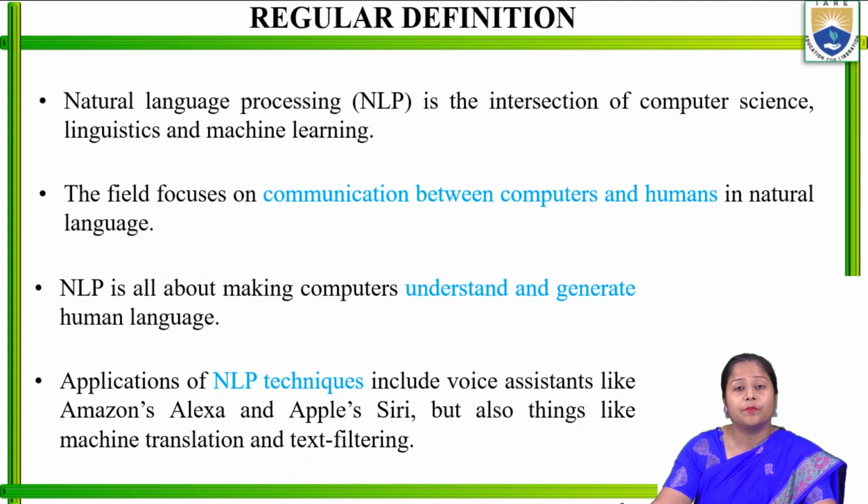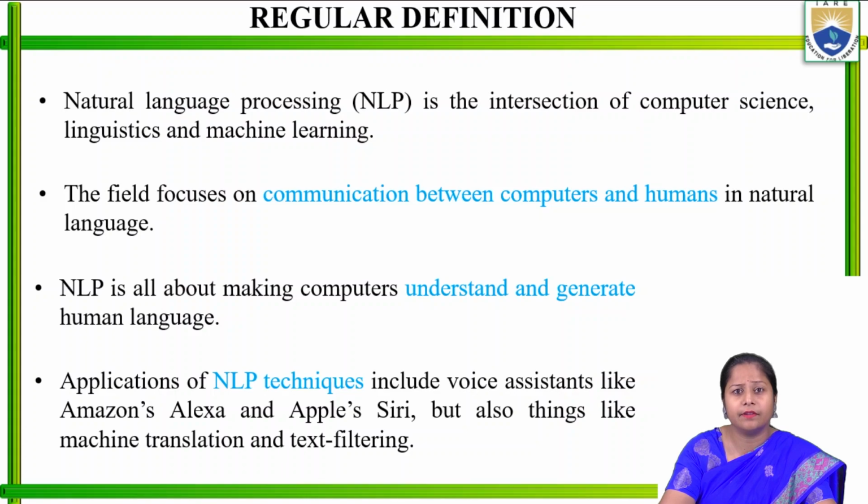Natural language processing is the intersection of computer science, linguistic science, and machine learning. So when we talk about the proper definition of natural language processing, it is the combination of computer science, linguistic science, and machine learning. The field focuses on communication between computers and humans in natural language.